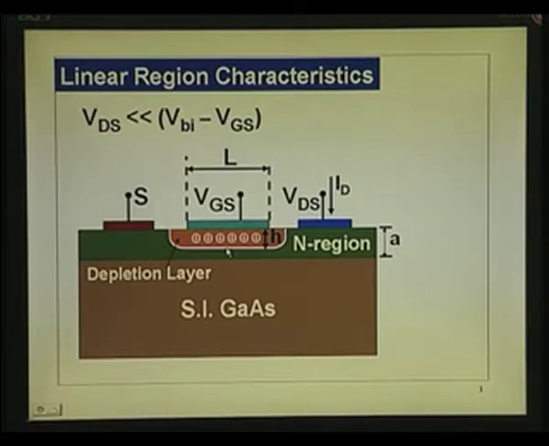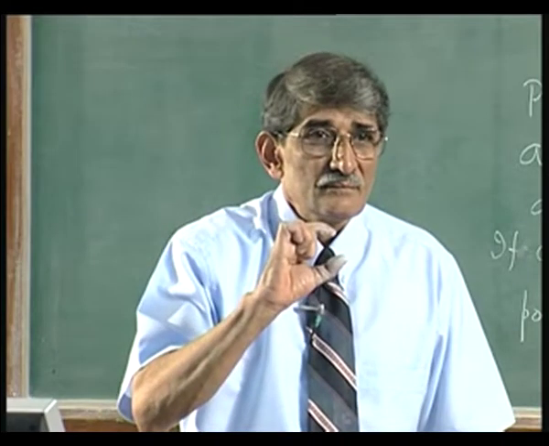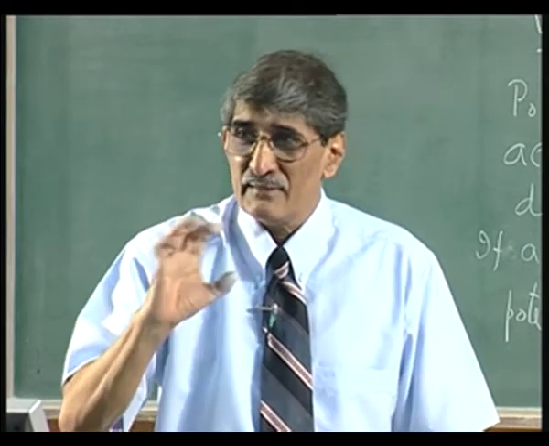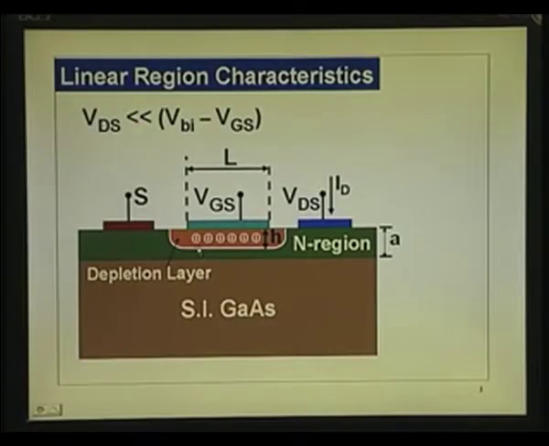So, conduction takes place only through this layer. It is as if you have removed that layer. As far as the drain source region or the channel is concerned, it is as if you etched out that portion, but it is there physically, you have removed the electrons. So, this is an insulating layer virtually, okay, and the conduction takes place through this layer. So, channel thickness now is A minus H. So, that is the width, okay, and H depends upon that quantity.